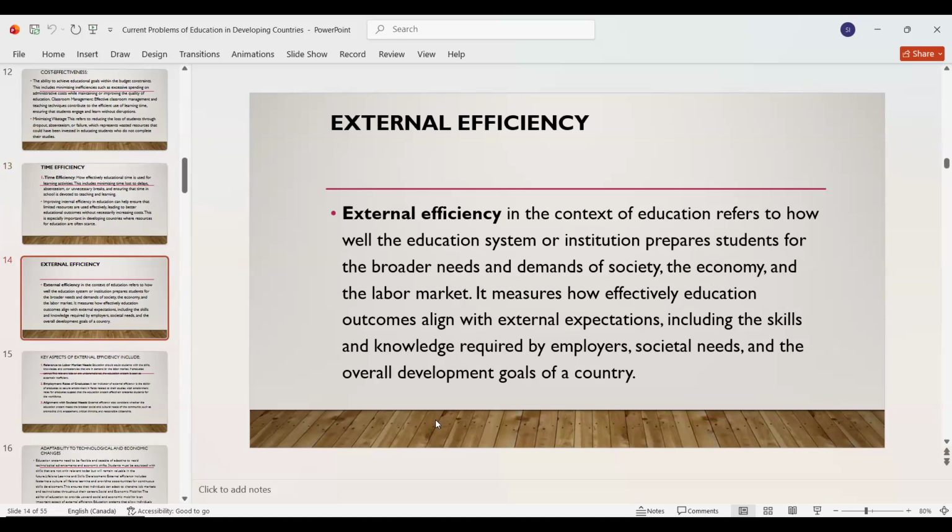So external efficiency, this is very important. External efficiency in the context of education refers to how well the education system or institution prepares students for the broader needs and demands of society, the economy, and the labor market, right?